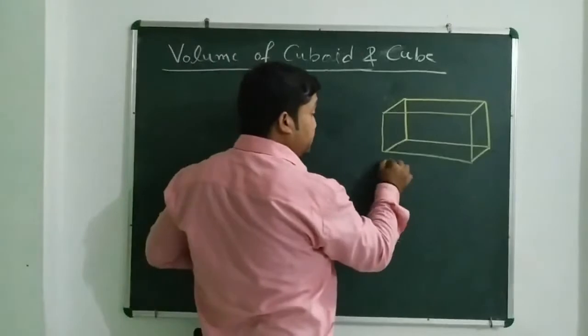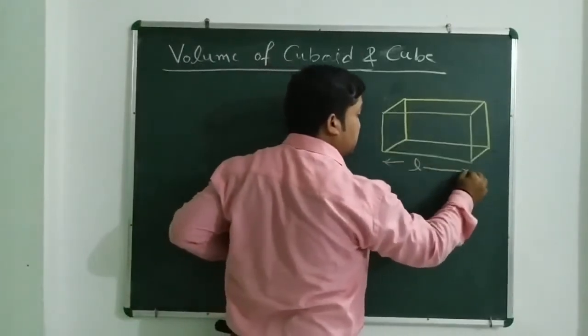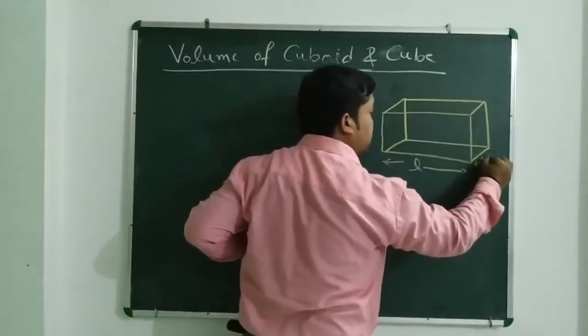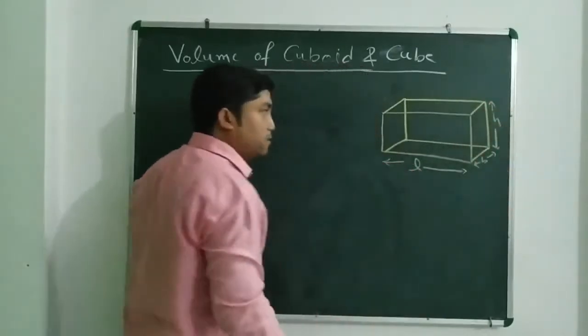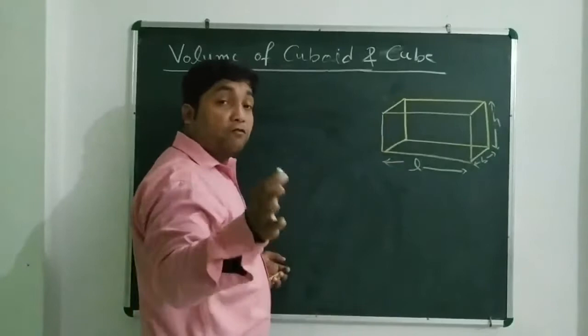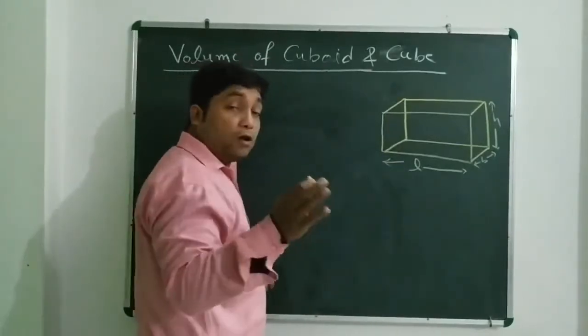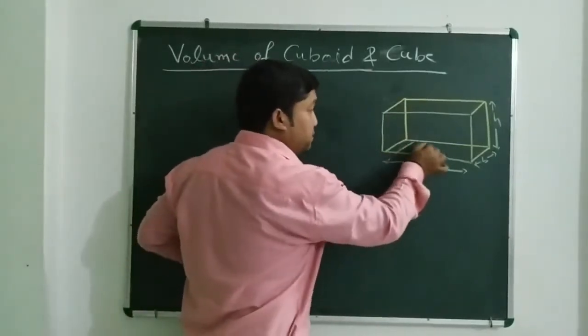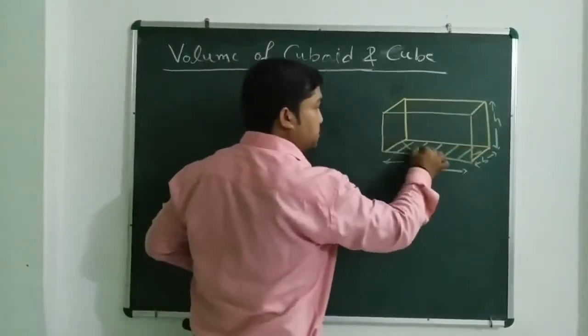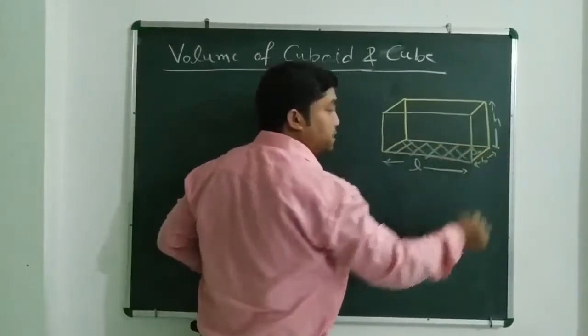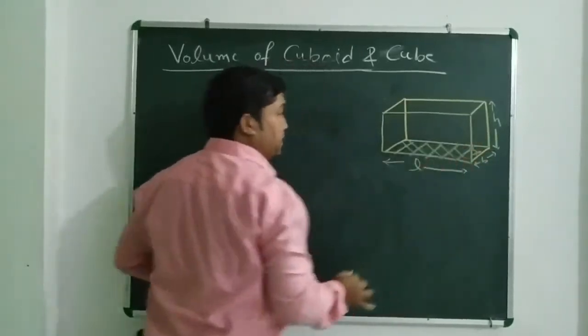Here you have seen that this is the length, this one is the breadth, and this one is the height. For finding the volume of a regular shape, we just multiply the area of the base, which is a rectangle, into the height.